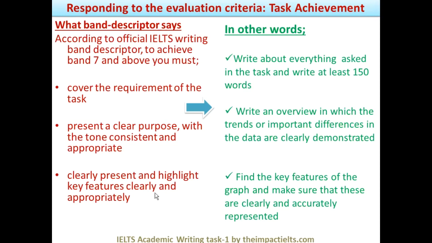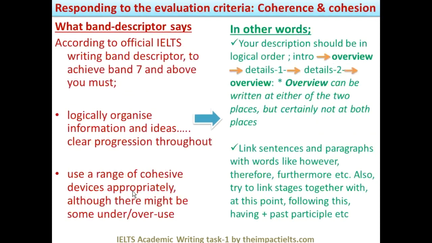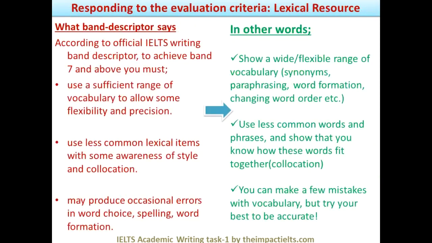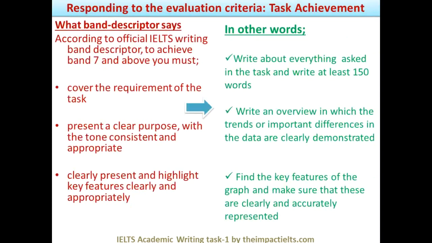The third one is clearly present and highlight key features. They're saying clearly present and highlight the key features. That means find the key features of the graph and make sure that these are clearly and accurately represented.